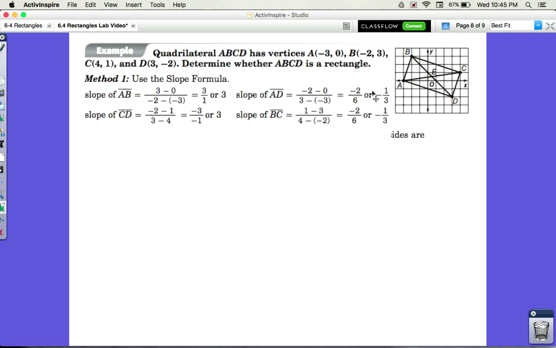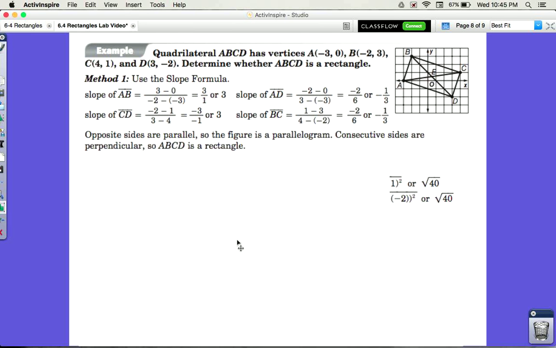So I need to make sure that the slope of AB is an opposite reciprocal to the slope of AD. So 3 and 1/3 are opposite reciprocals. That means that AB is perpendicular to AD, which means that these are right angles, which means I know that this is a rectangle.